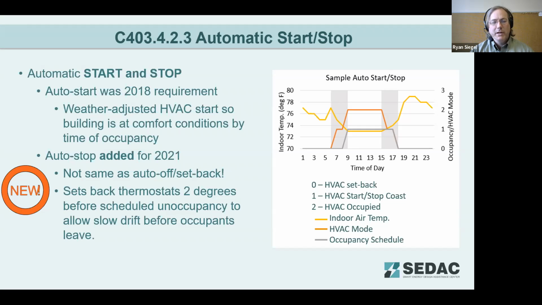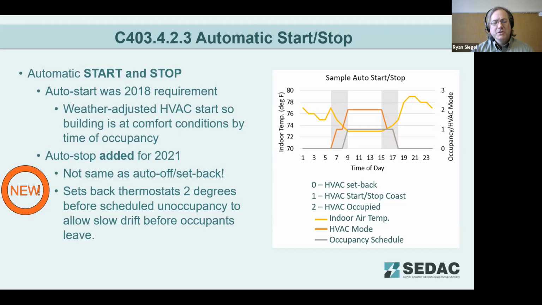So with 2018, they had the auto start, adjusting that for weather. And then for the 2021 IECC, we're now adding auto stop. Noting that this is different than auto off or your evening setback.